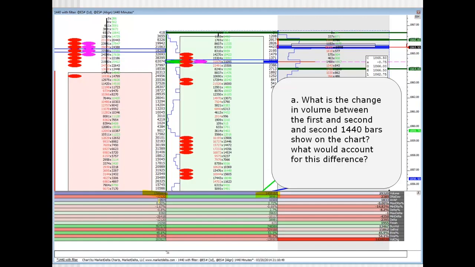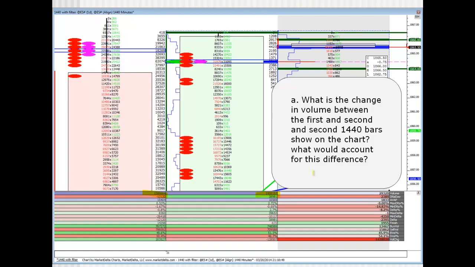Well, the first bar is at 1,586,664 contracts. The one that follows it is 1,458,157.